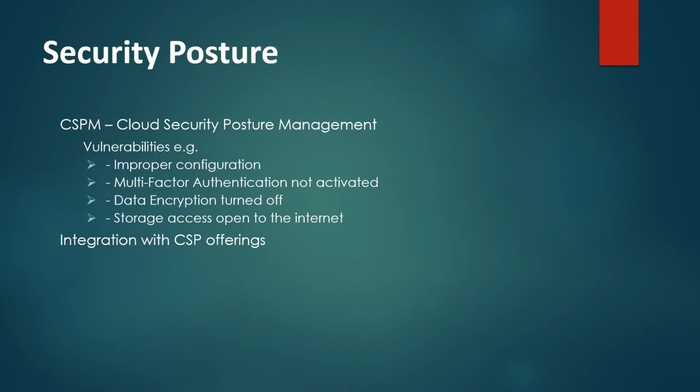Another important area of CASB control is security posture management, or CSPM, Cloud Security Posture Management, that covers basically the configuration: if all your assets, resources and applications are configured properly. For example, if multi-factor authentication is activated, data encryption is enabled, and if the storage access is open to the public internet.